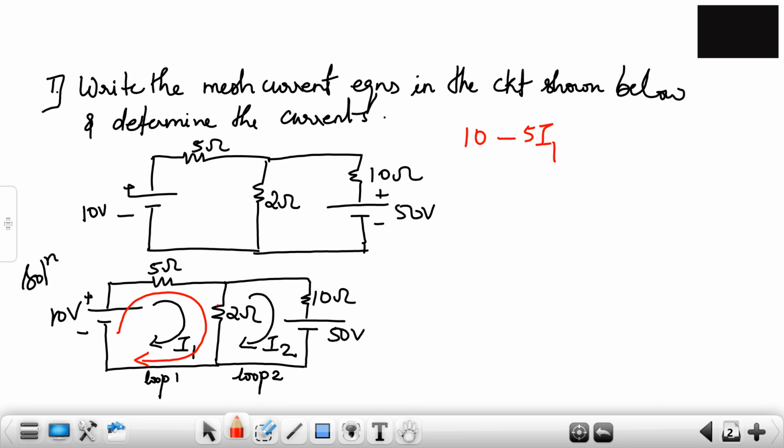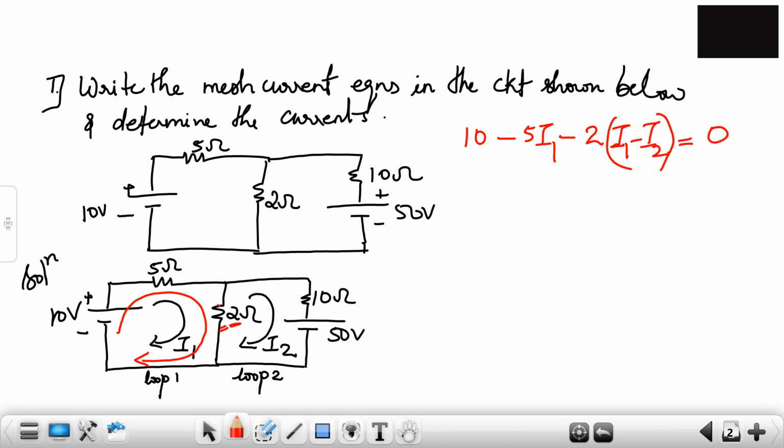Now over here, when we are coming across this 2 ohms, we will write minus 2 times, since we are taking into consideration loop 1, I1 minus I2. Now why are we writing I1 minus I2? Because the 2 ohm is actually common between loop 1 and loop 2, is equal to 0.